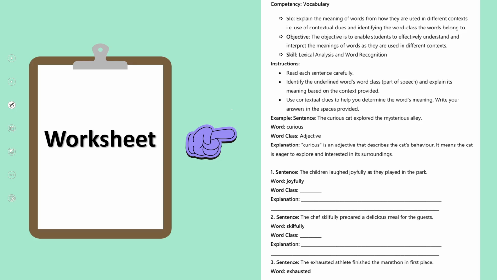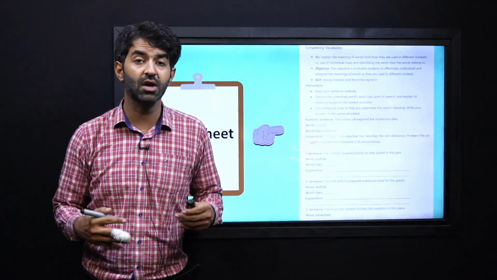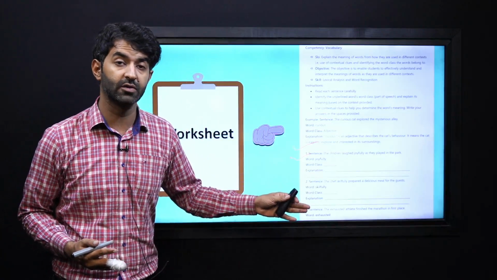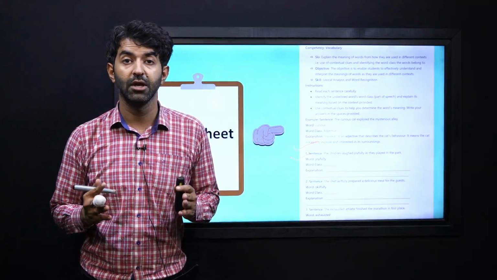Now, for the worksheet, all you need to do is find out about these words that are mentioned over here, their word class, are they adjectives, are they prepositions, are they adverbs, etc., and explain your answer, how did you reach the conclusion of finding the meaning of the word.